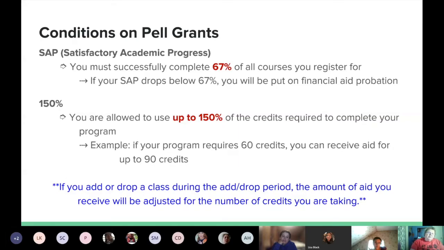150% of time, you are allowed up to 150% of the credits required to complete your program. The example here is if your program requires 60 credits, you can receive aid for up to 90 credits. The way I like to explain this is the federal government isn't expecting perfection.